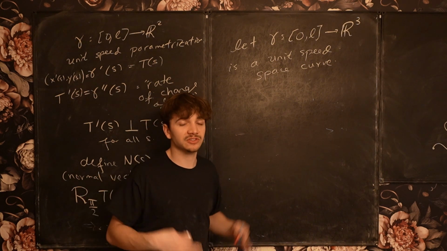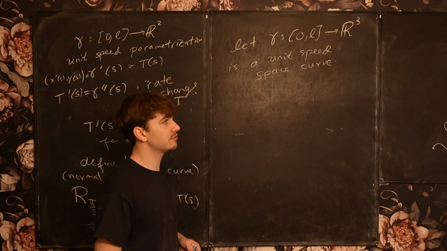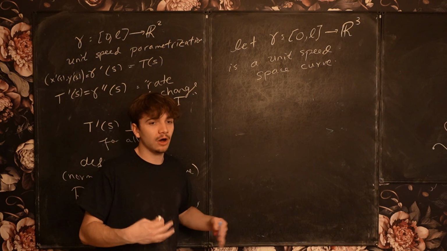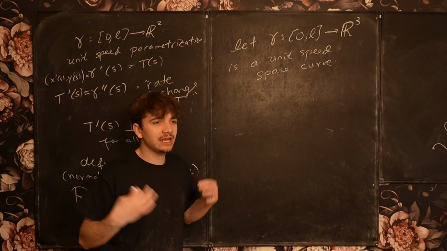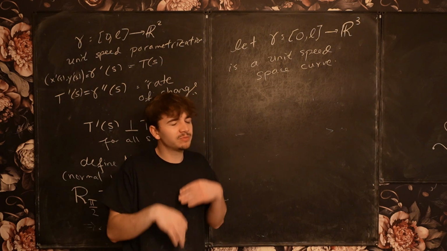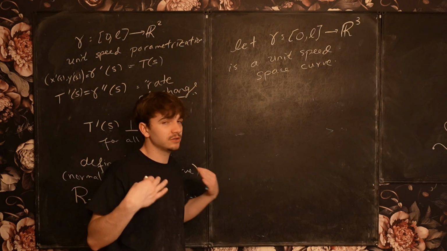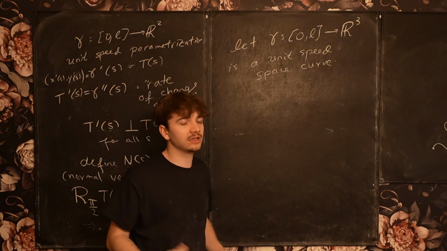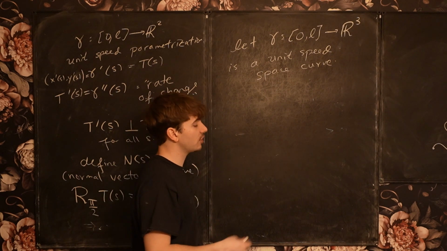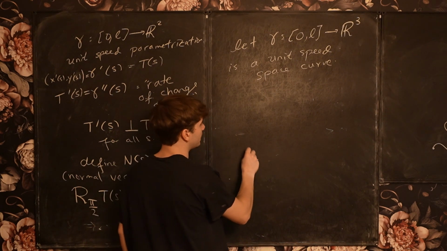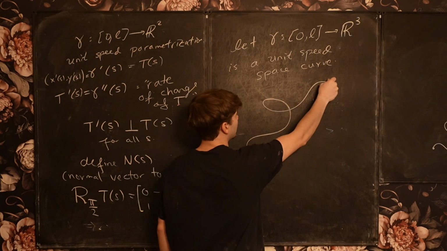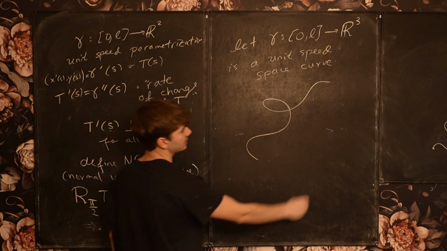Okay, and of course it has to be a smooth curve, so it has to be differentiable up to all orders. Certainly we don't need all orders of derivatives, but for simplicity we're just going to assume smoothness, which means infinitely differentiable. Okay, so just picture a very nice and smooth curve, and this time we're working in space.